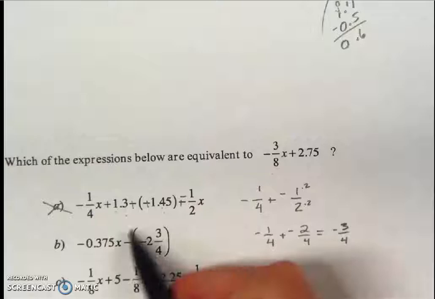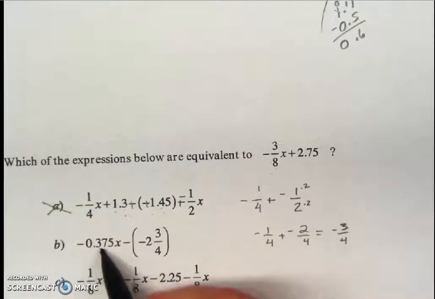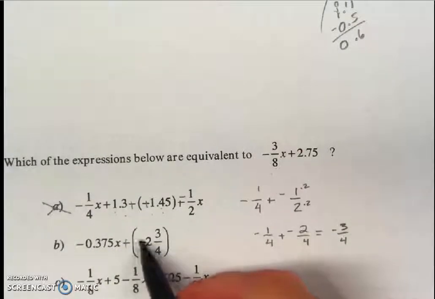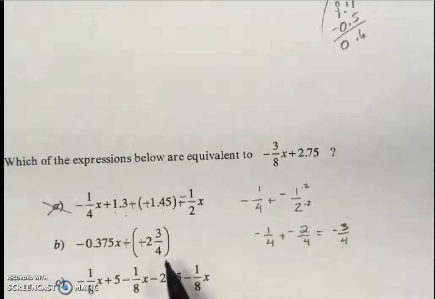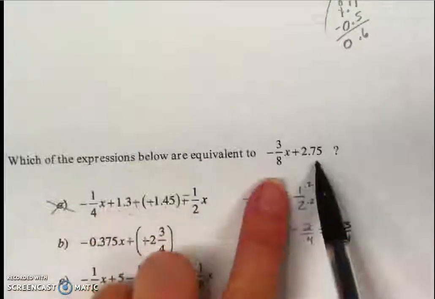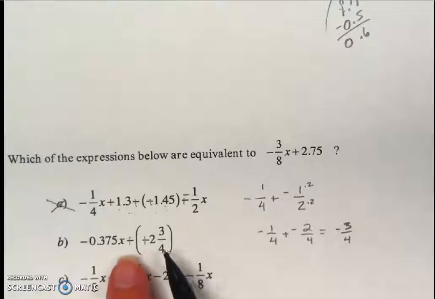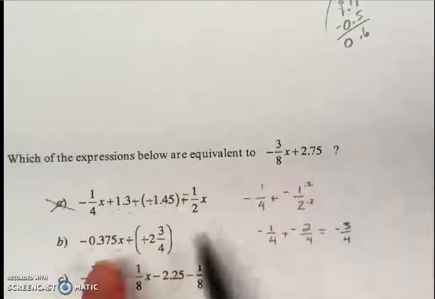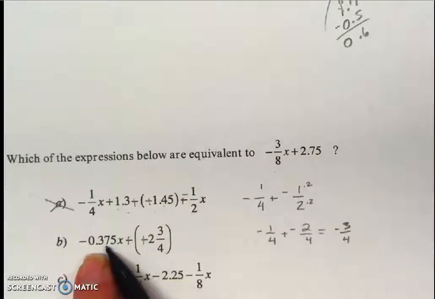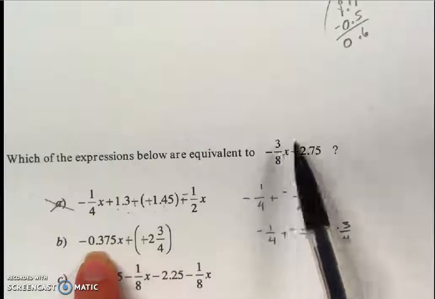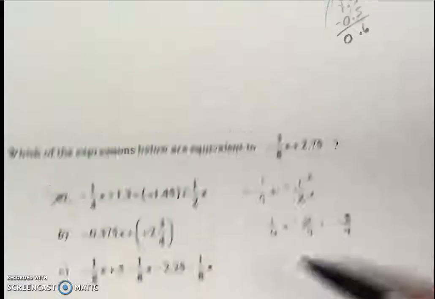What about this one? Negative 0.375x plus positive 2 3/4. Looks like they're trying to switch up the formatting there. So let's see if that would work out to equal this. 0.375. I don't want to write that as a fraction and work on reducing. I'll take this fraction and write it as a decimal instead.